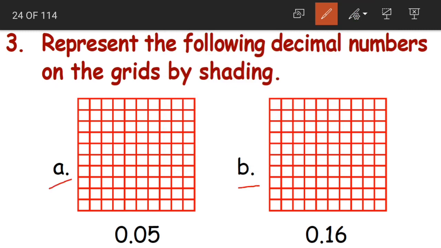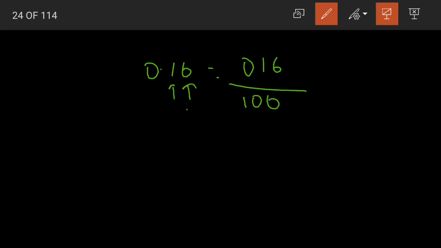Question A. Coming to question B, 0.16. Now how to represent this as a fraction? Again write the number as it is without the decimal point. For the denominator write 1 and count the number of decimal places. We are having 2 decimal places. So place 2 zeros after 1 to the right side.